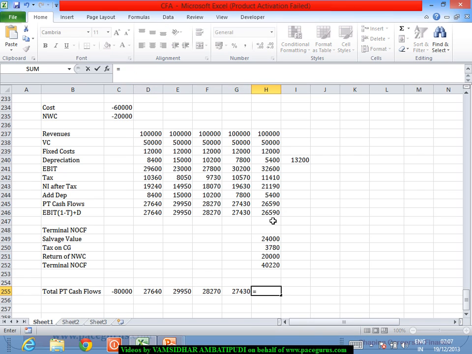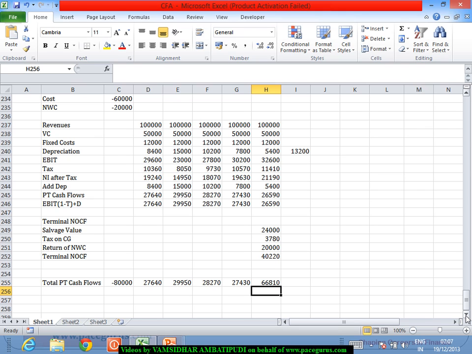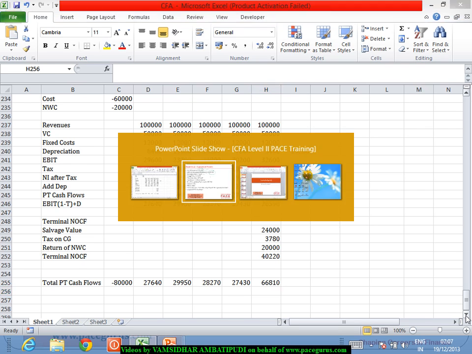In the final year, along with the operating cash flows, I also got non-operating cash flows to the extent of 40,000, taking my overall cash flows to around 66,000.